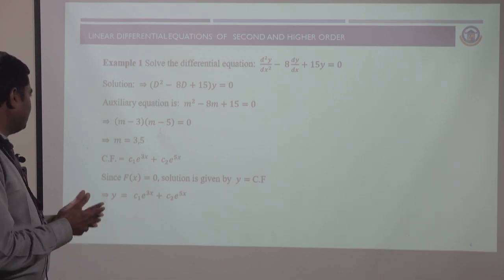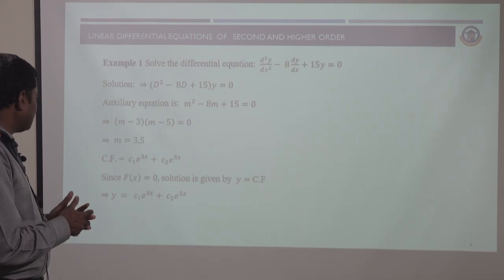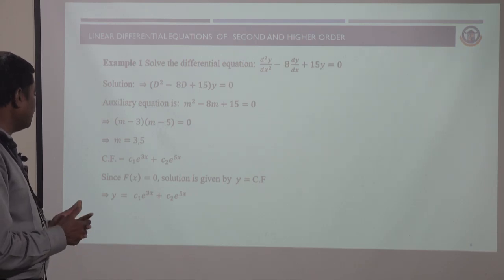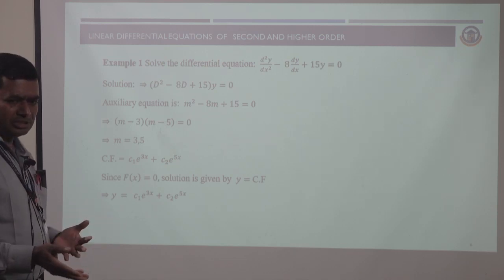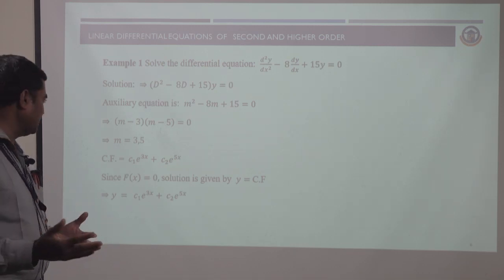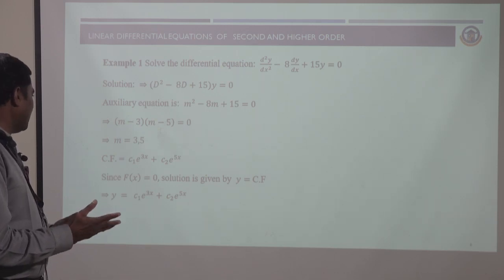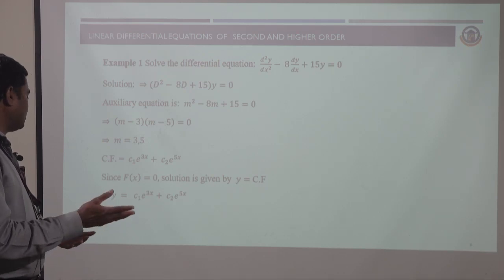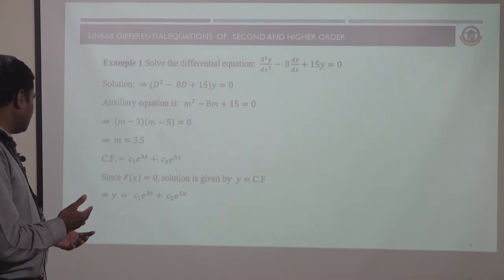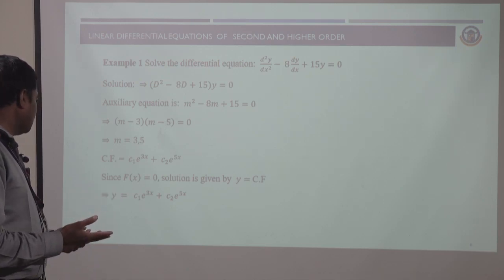Here we know d²/dx² is D². So the equation can be written as D²y minus 8Dy plus 15y equals 0. Taking the common term outside, (D² minus 8D plus 15) y equals 0. Next, the auxiliary equation, with D equal to m: m² minus 8m plus 15 equals 0.